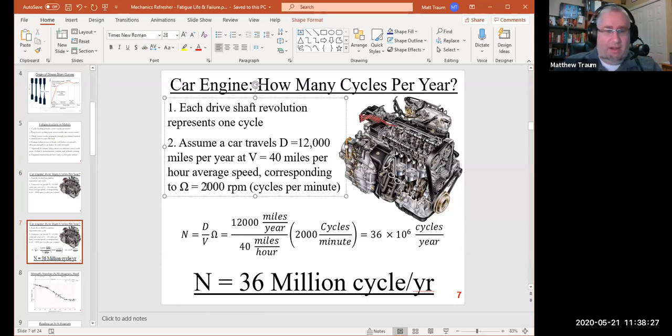And we're going to have our engine cycling at 2,000 RPM, a relatively high gear, where you're not putting too much demand on the motor in my approximation. I run through the math and I come up with 36 million cycles per year as my rough approximation for how many cycles a car engine experiences in one calendar year.